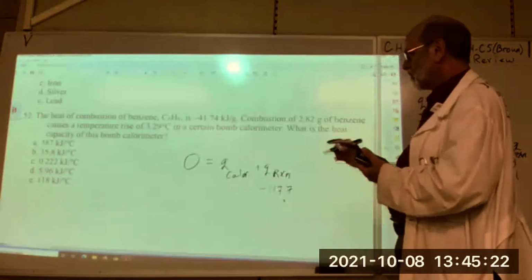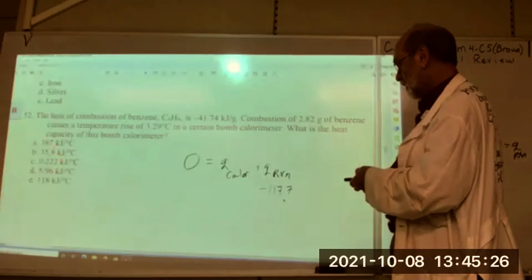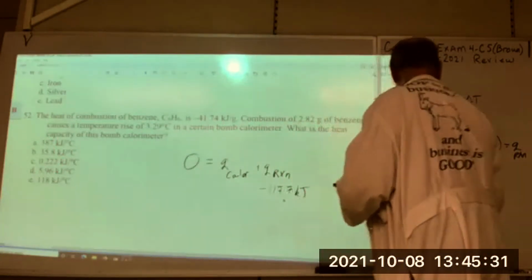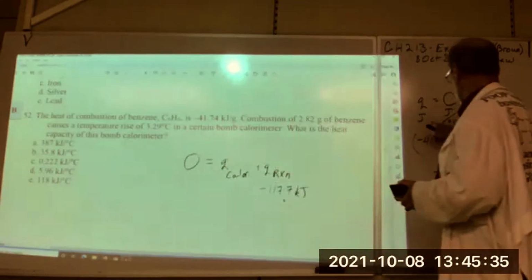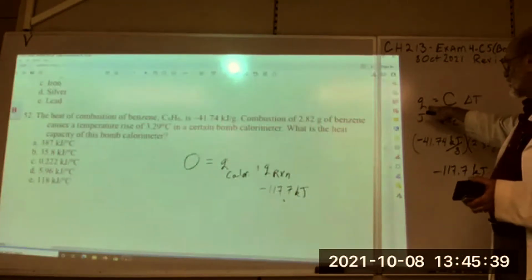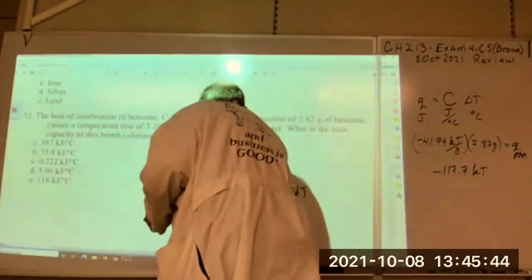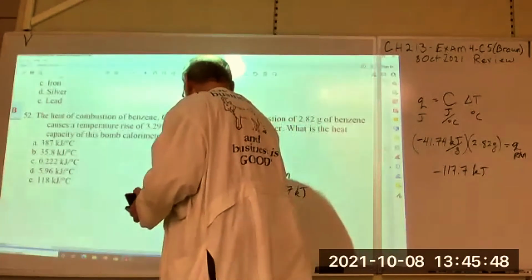Notice the answers are in kilojoules, so we can leave it as kilojoules. Okay. And then the Q for the calorimeter is this one right here. We substitute for this in the Q. So this is the calorimeter constant times the change in temperature. And that has to be equal to 0.